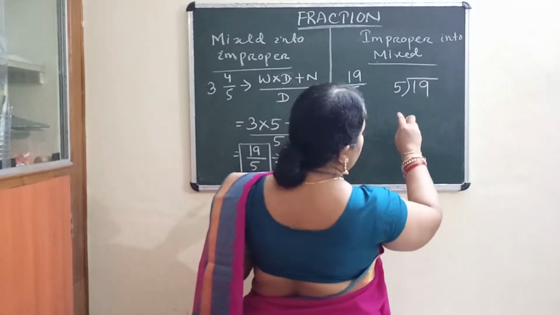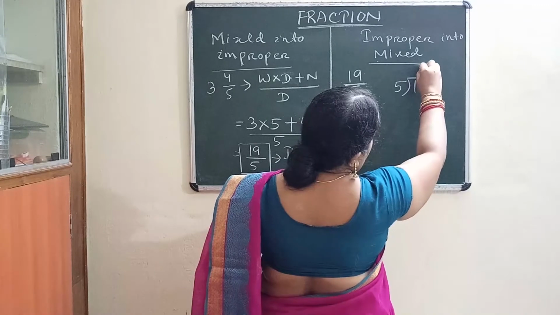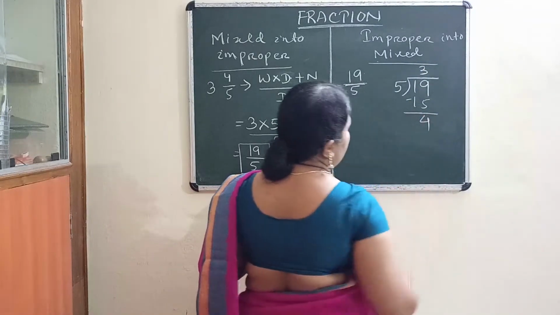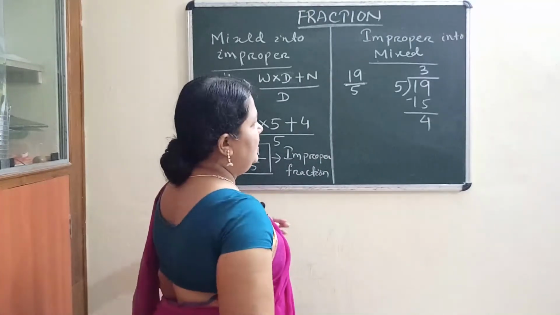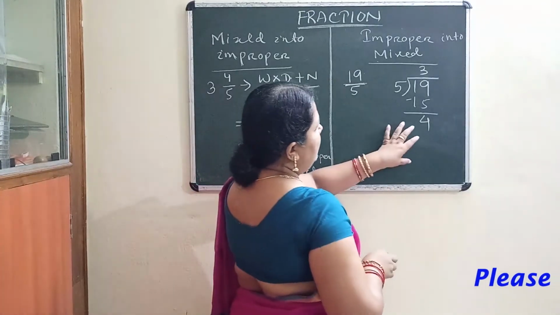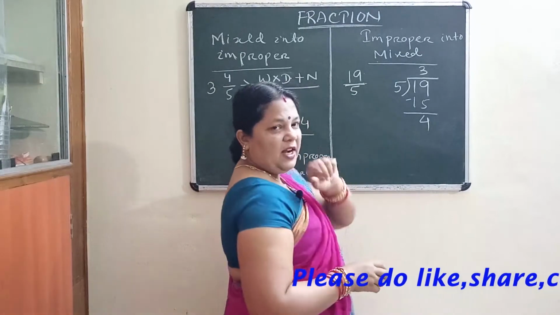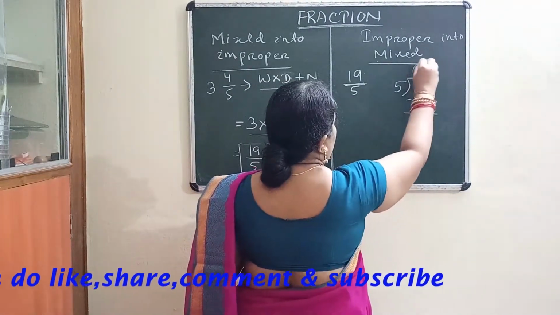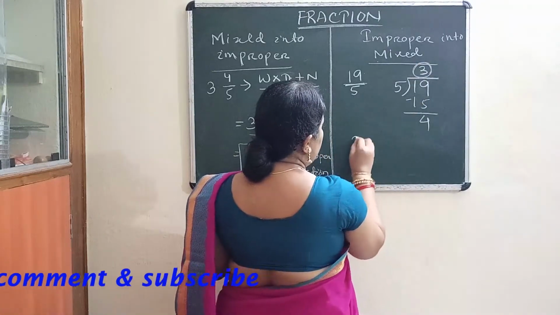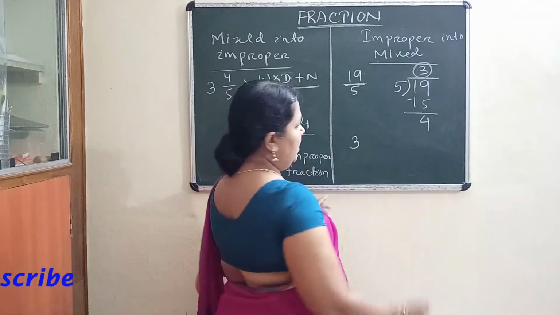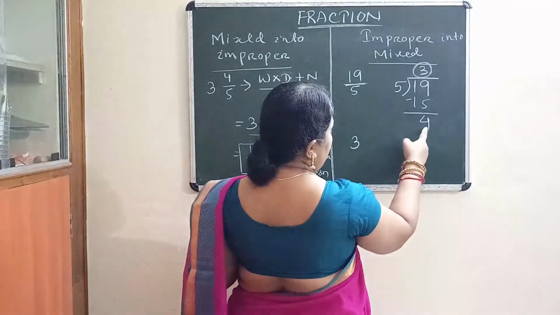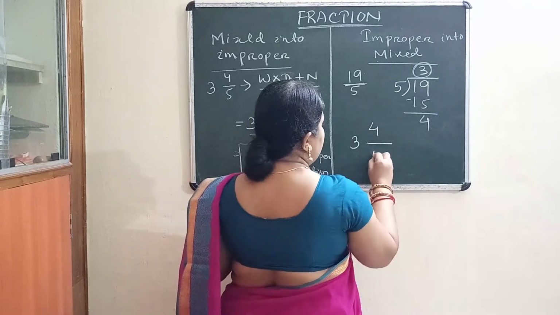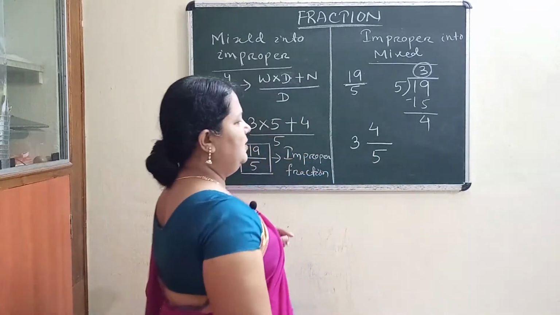How can we reach up to it? We can reach up to 5 3s are 15. Minus it, how much left? 4 now. Yes. So now after division, how to convert into fractional form? The quotient part is called whole number, and the remainder is called your numerator, and the divisor as it is your denominator.